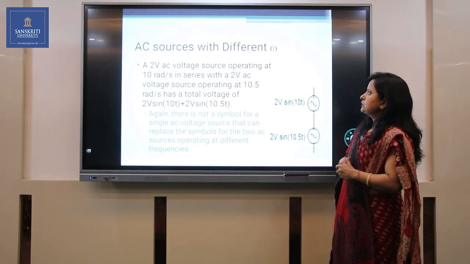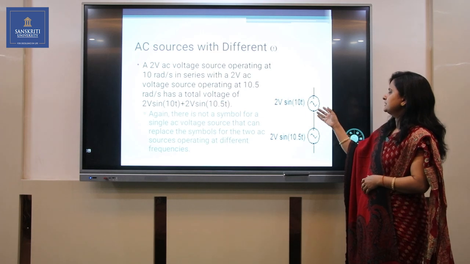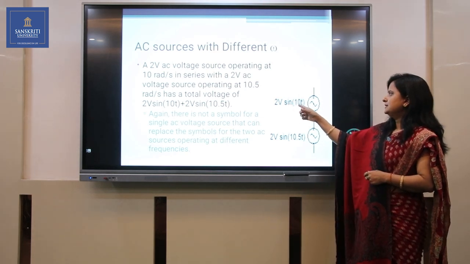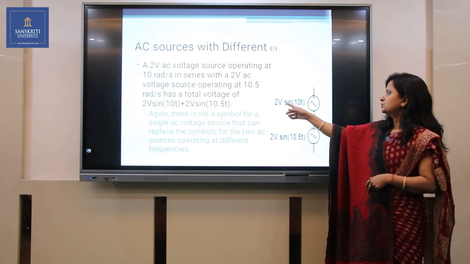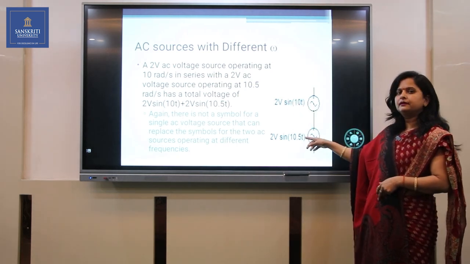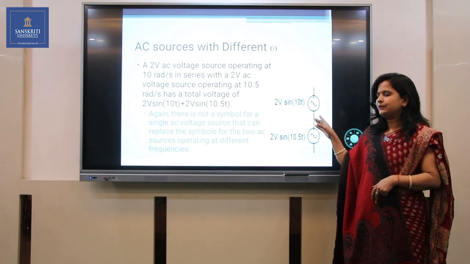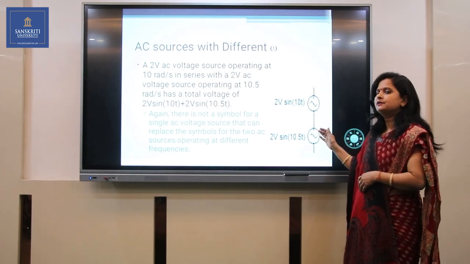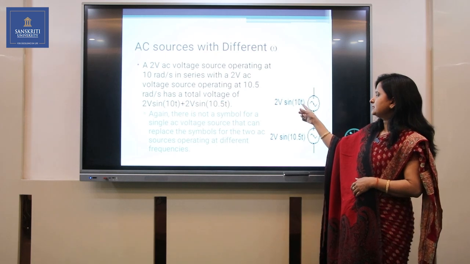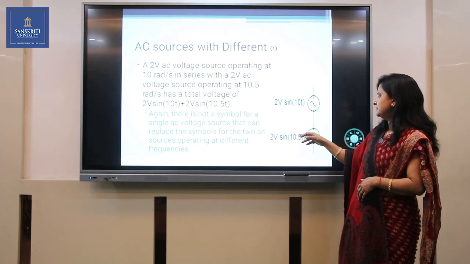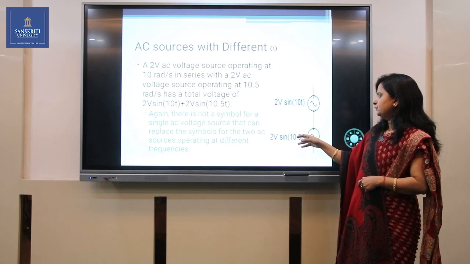Fine. So whenever we are having two AC sources, one AC source is 2V sine 10t. What is 2V? This is the maximum value of the voltage. So 2V sine 10t. Another voltage source is 2V sine 10.5t. What does it mean? It means that there are two AC voltage sources we are having with different frequencies. Its angular frequency is 10 and its angular frequency is 10.5, the value of omega.